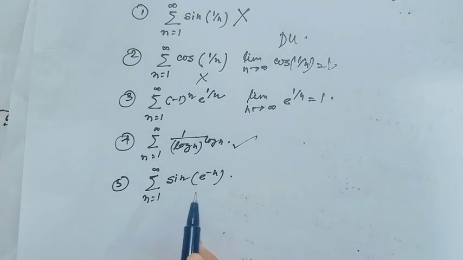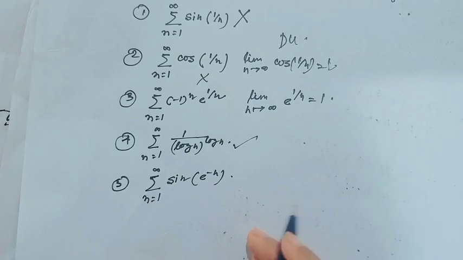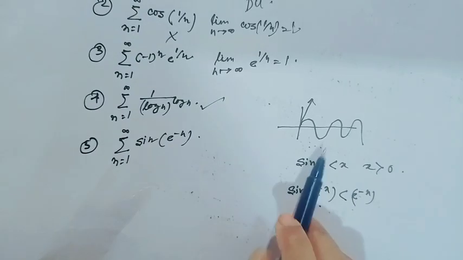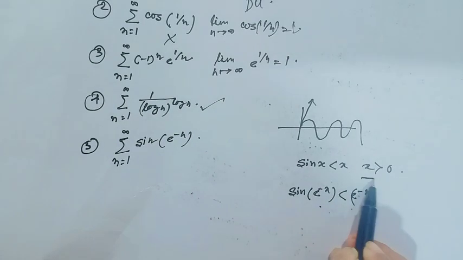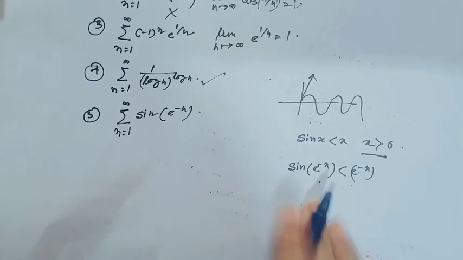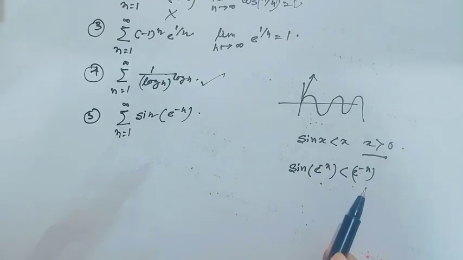Fifth, sin e to the power minus n. For this, the graph of sin x is always less than x for all x greater than 0. Then sin e to the power minus x is less than e to the power minus x.